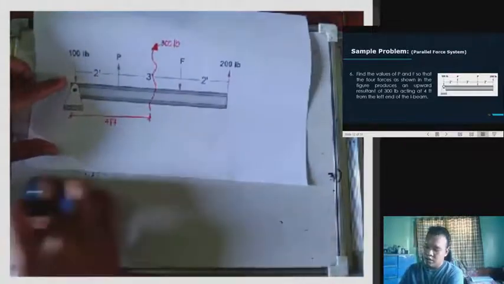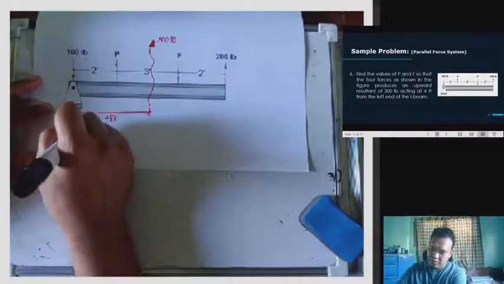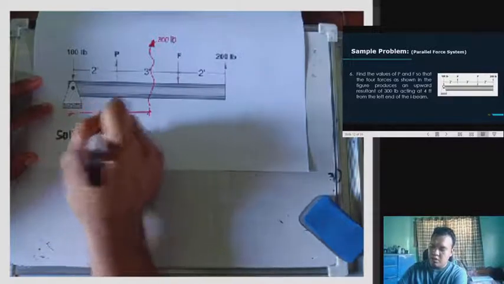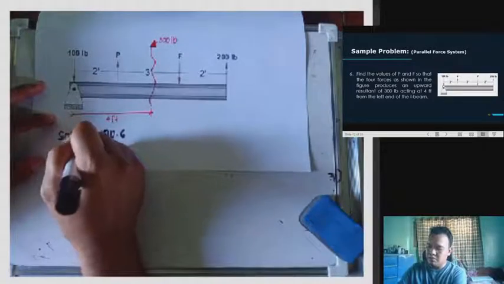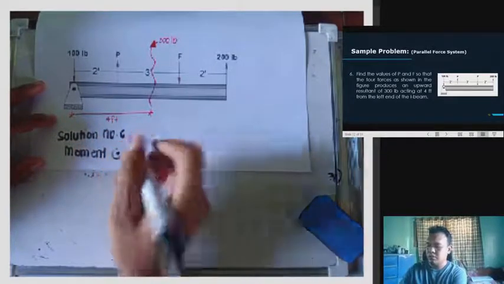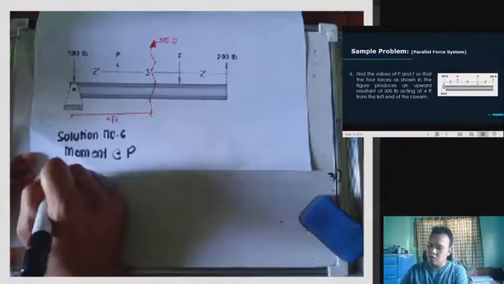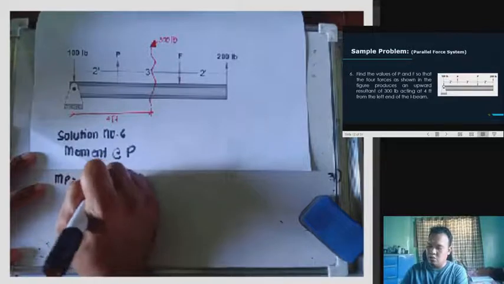So solution number 6. So moment at P tayo. So we have here moment at P is equivalent kay summation of moment, tama?